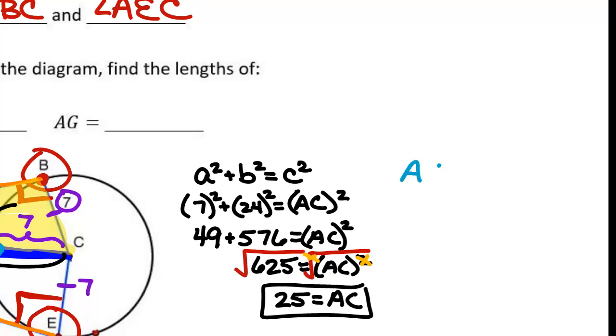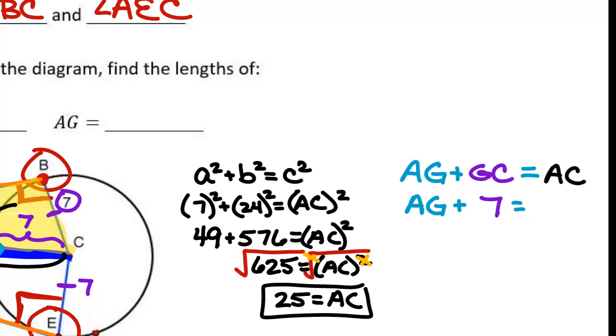Segment AG plus segment GC, if I put those two together, it gives me segment AC. You guys just told me that GC is how big? 7. And we found a moment ago the size of segment AC, 25. So then we subtract 7 from both sides. And AG is 18.